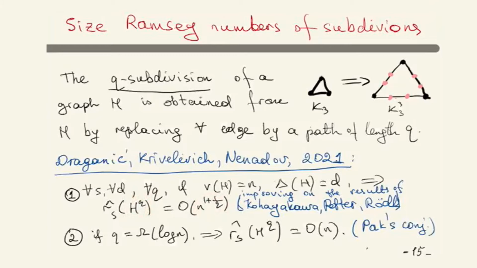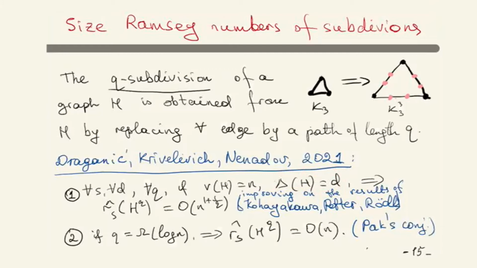And here, we don't know anything about the tightness of this result, because to know anything about tightness, you would want to know some lower bounds. But the moment we think about graphs H as being bounded degree, when you subdivide it, you still have bounded degree.